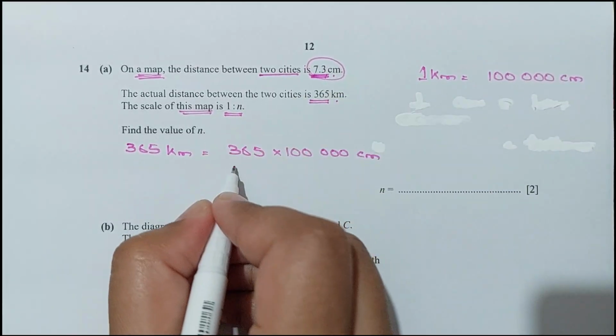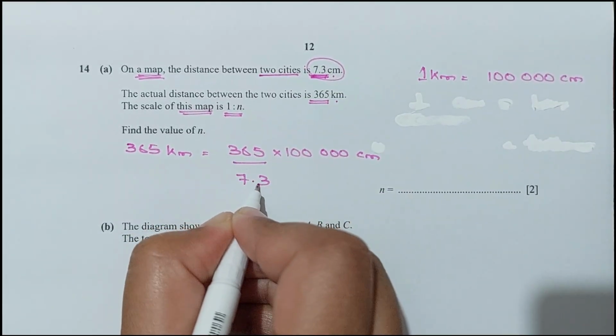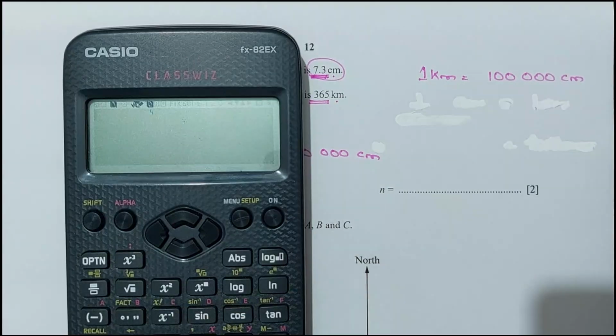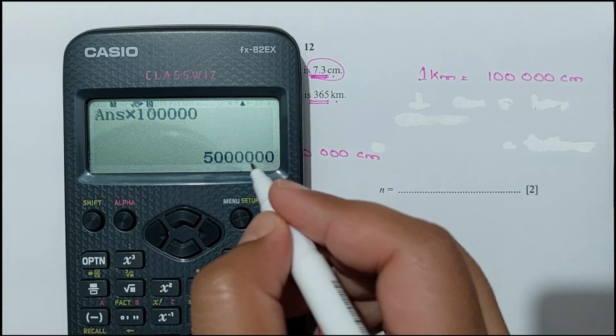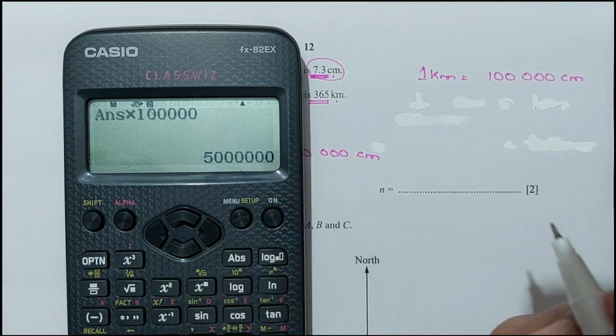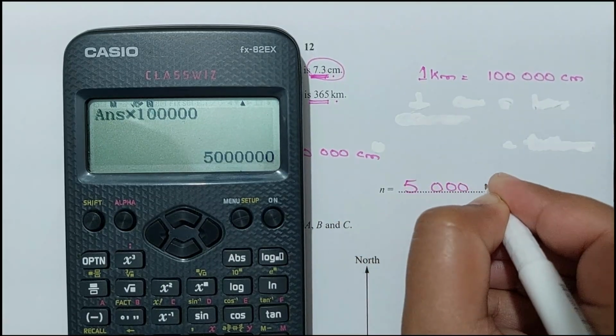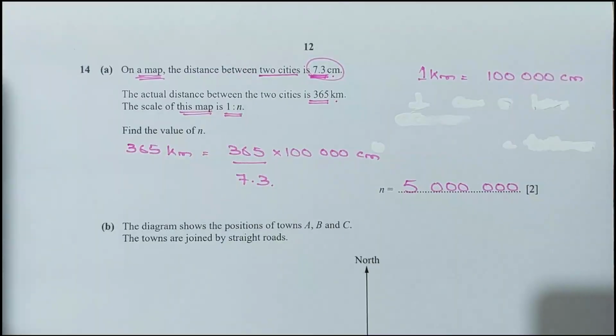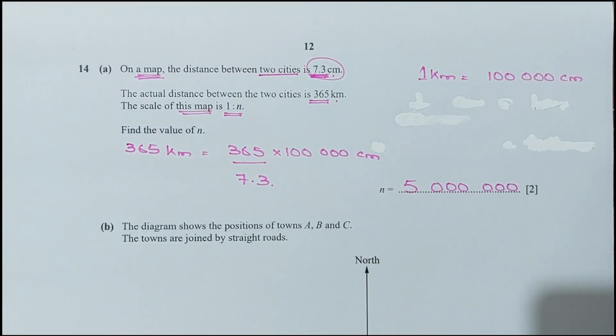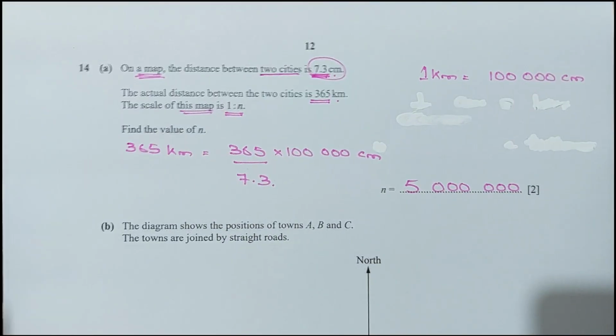This would be in centimeters, so divided by 7.3. 365 over 7.3 times 100,000. This is 5 million. 5 with 6 zeros. This would be the n. So 1:5 million. That would be the scale on the map.